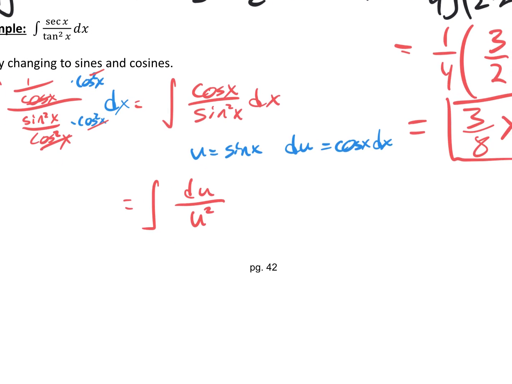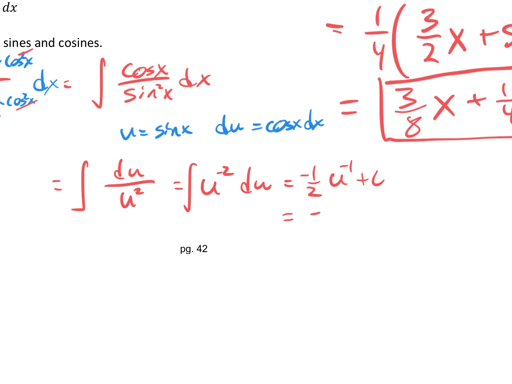And so this is just integral of u to the negative 2 du. And let's add 1 and divide. So this is negative 1/2 u to the negative 1st. Last but not least, that gives us negative 1 over 2 sine x plus c.